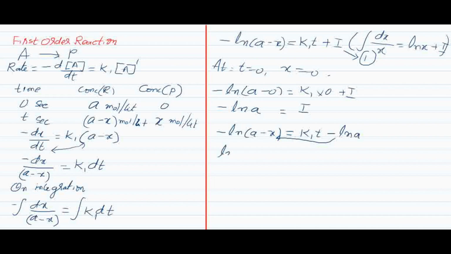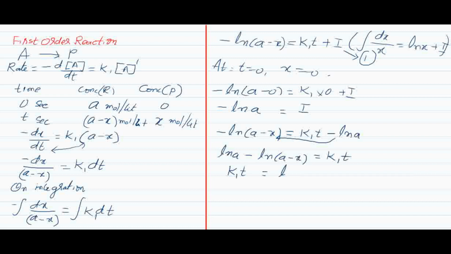So that is ln a minus ln a minus x equals K1 t. Now the rate constant K1 t equals ln a minus ln a minus x.